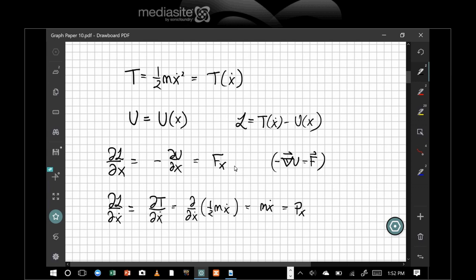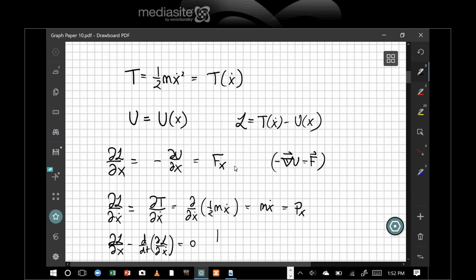Now let's take those terms and put them back into the Lagrange equation. Remember, the Lagrange equation told me that the partial of L with respect to x minus d/dt of the partial of L with respect to x dot equals 0.